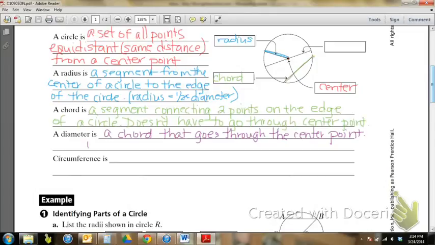It's also good to know that the diameter is equal to 2 times the radius. So where do I have a chord? One end of the circle, there it is, to the other end of the circle, but it must go through the center. That is your diameter.